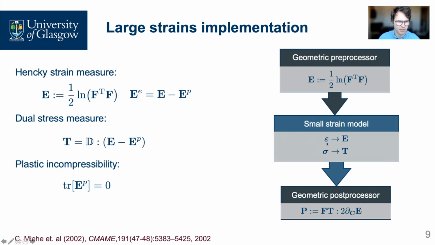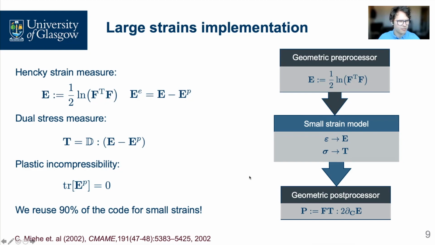When we replace the small strain with this Hencky strain measure, our Cauchy stress in small strains becomes the stress measure T, which doesn't have a physical meaning, but afterwards we use this geometric post-processor that recasts it to the first Piola-Kirchhoff stress that you can use directly in our balance equation.